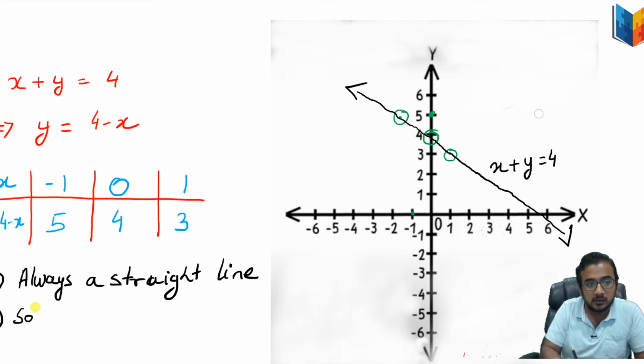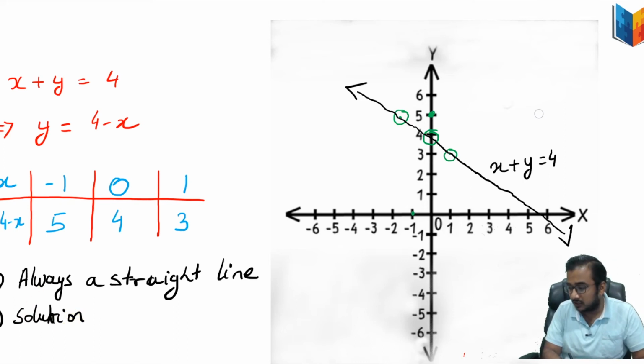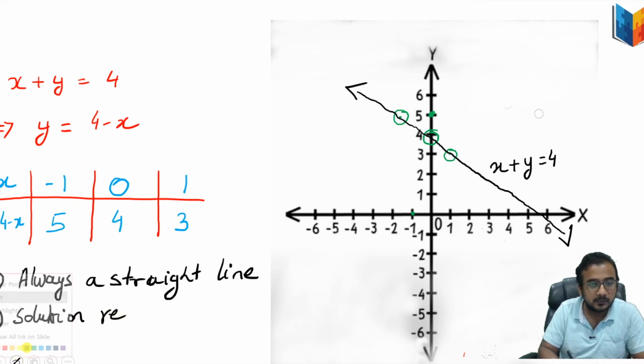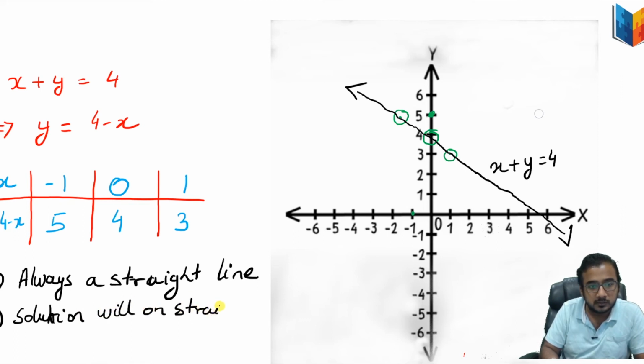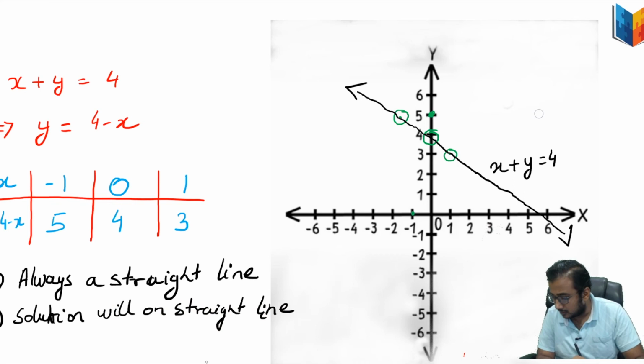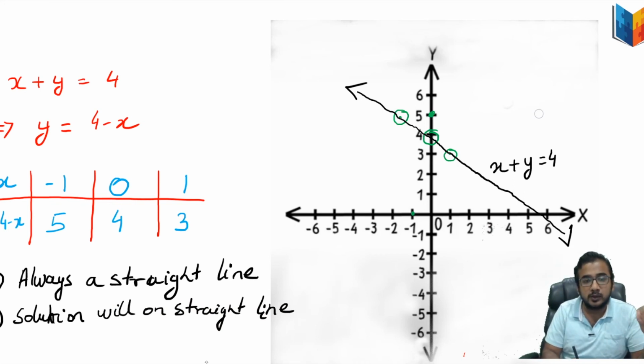So the solutions of the equation will be on the line. In simple words, solutions will be on the straight line. Every point you feed in will be a solution.